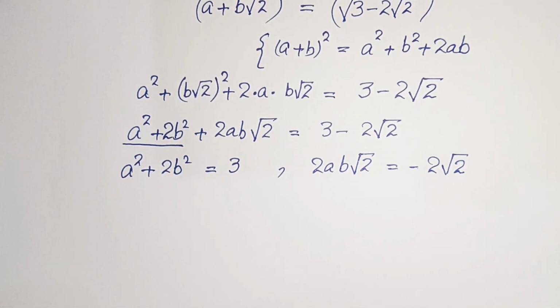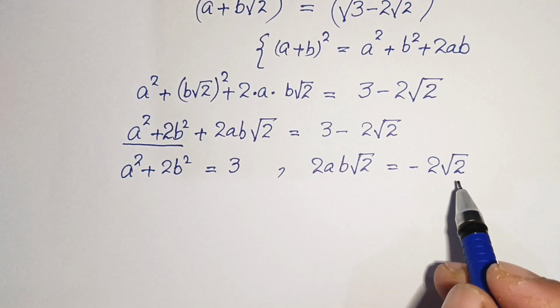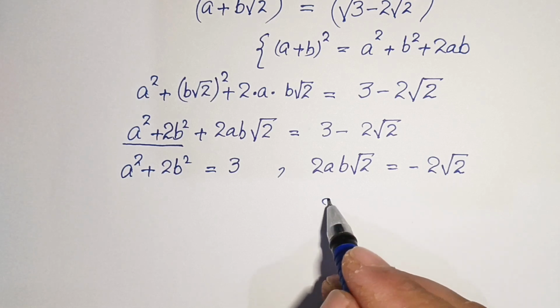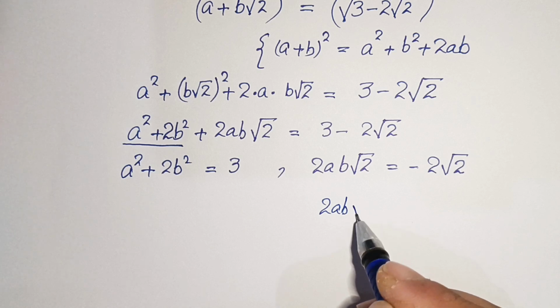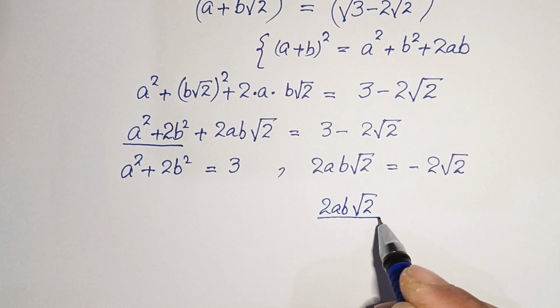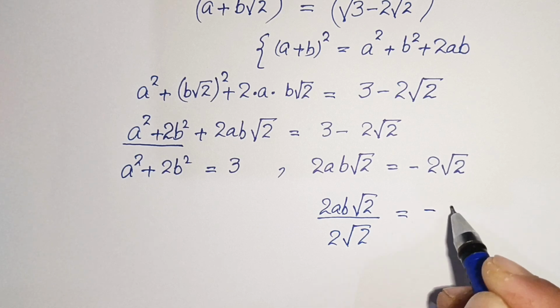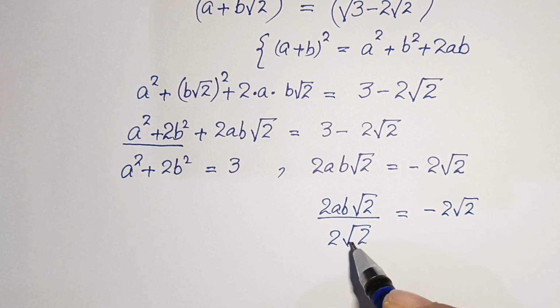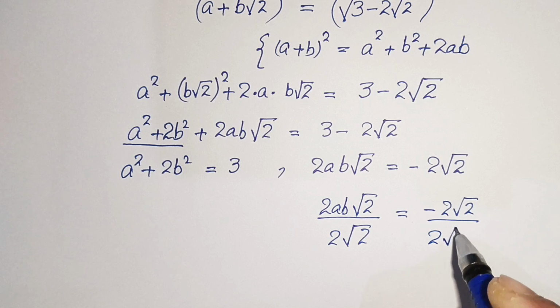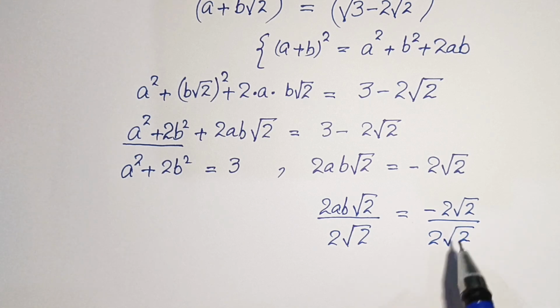Now we are going to solve this one here. If we divide 2 times a times b times square root of 2 by 2 times square root of 2, and minus 2 times square root of 2 also by 2 times square root of 2, so we divide by 2 times square root of 2 on both hand sides.